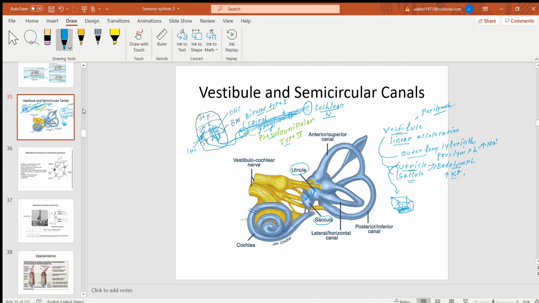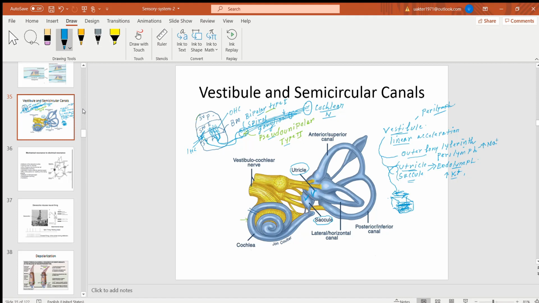So when you move your head in horizontal plane, sideway or forward, backward, or tilt your head, what happens? The fluid moves like this, right? Either this way or that way, but horizontally, or sideways, or forward and backward, but on the transverse plane. So what will happen if the fluid moves this way?